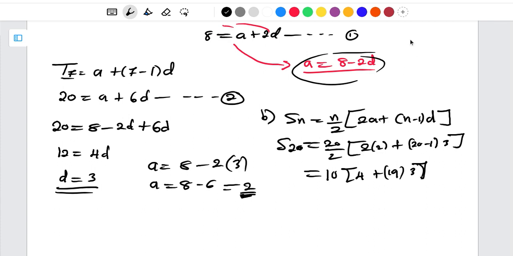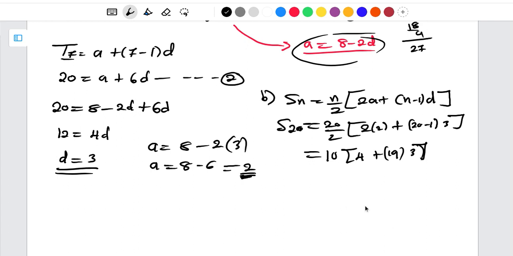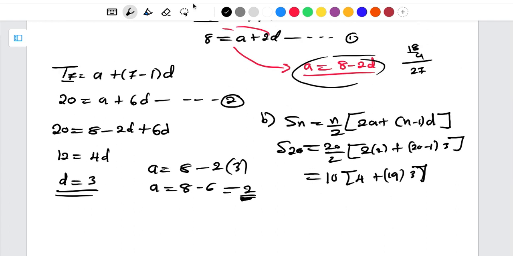So 19 multiplied by 3. Let me just do this like that. 19 plus 19, what are we going to get?